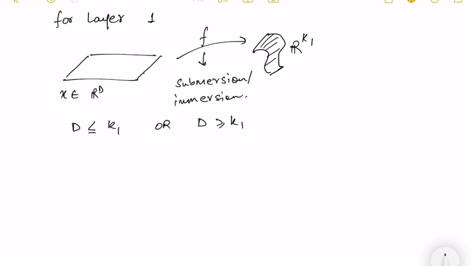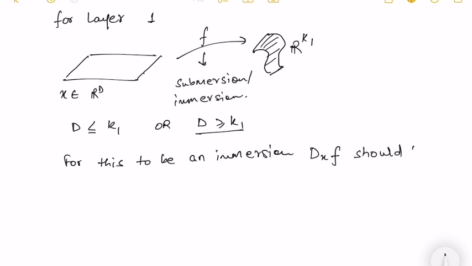But other than that, what should happen is that for this to be an immersion, that is if, let's say, d is less than k1, dxf, which is the Jacobian, should have rank d, right? So how do we find the Jacobian in this case?